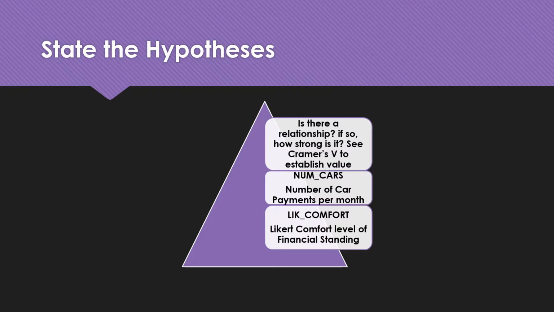From the survey data, numCars is the number of cars per month. Likert comfort is the Likert comfort scale that indicates how comfortable a person is with their financial standing. So what will we do in the chi-square test of independence? We're going to see if the comfort level is related to the number of car payments per month.